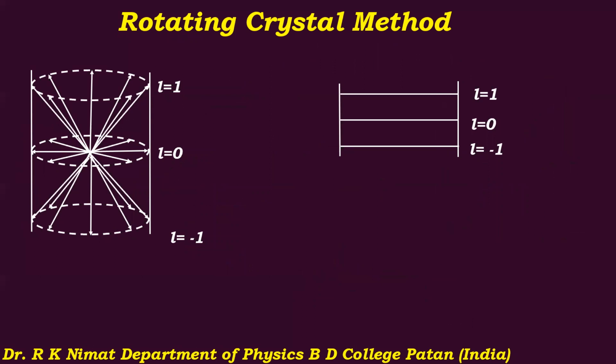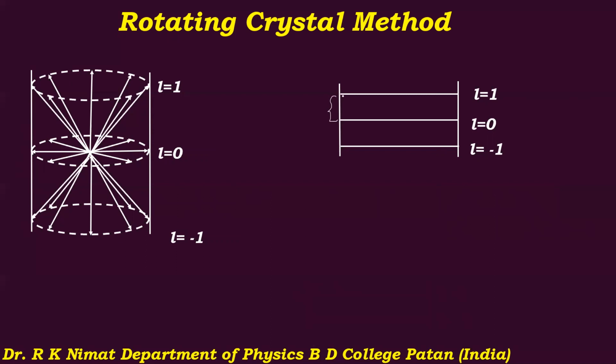So what does this diffraction pattern indicate? This diffraction pattern clearly indicates that the vertical distance between the layer lines depends upon the distance between the lattice points along the c-axis. Hence, the distance c can be measured from the photographic plate.